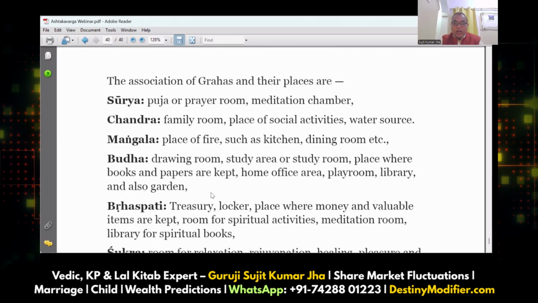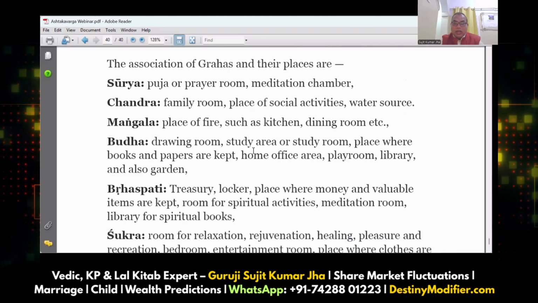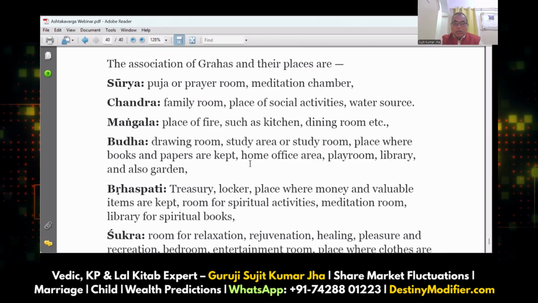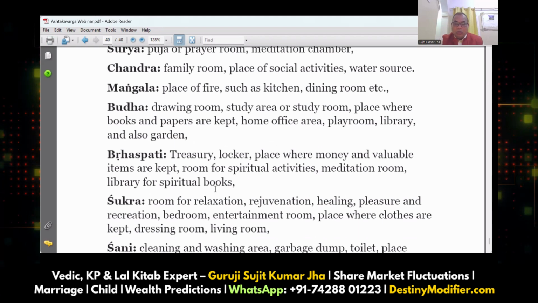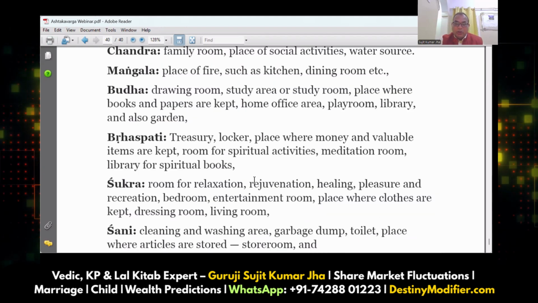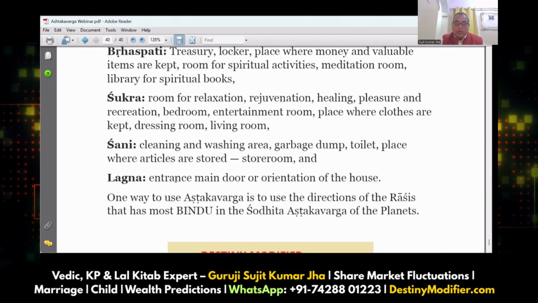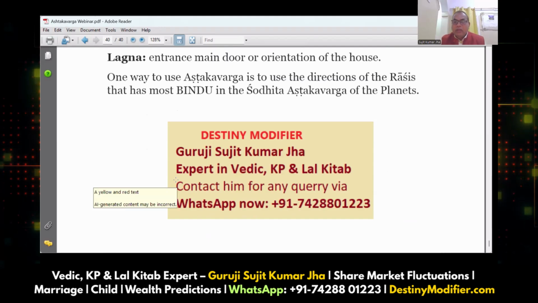So every planet has its own area: drawing room, study area, library, home office. We have to consider Mercury, Jupiter for the locker, all valuable items, and spiritual activity. Like that, we have to use the Ashtakavarga concept and give the prediction.